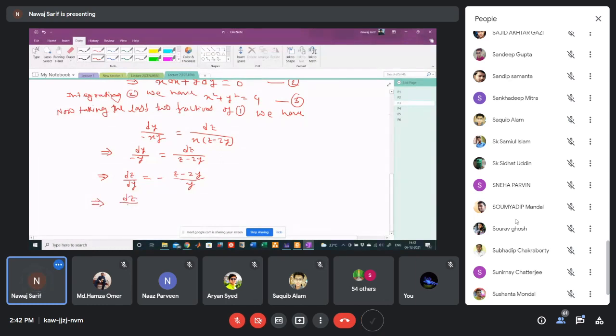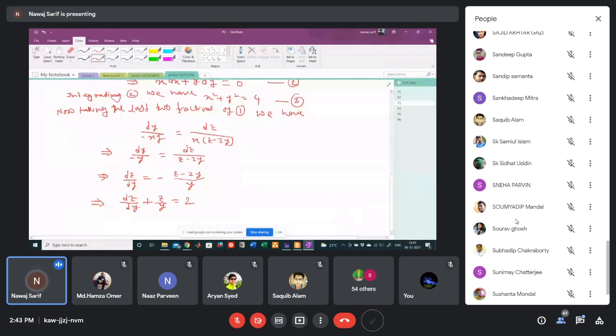If you divide by y, then this will be minus z by y. So this can be written as plus z by y equals to, minus minus plus and y cancels out, 2. So this is your dz by dy plus z by y equals to 2.